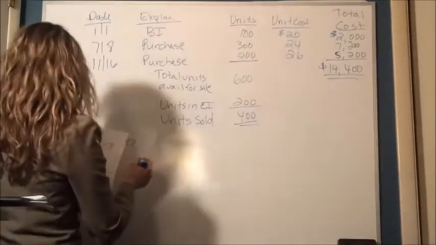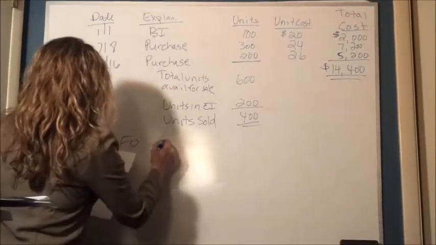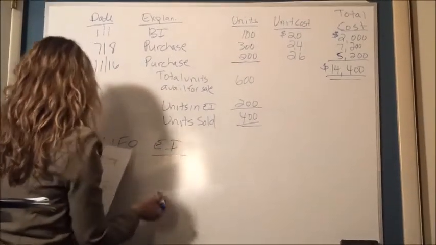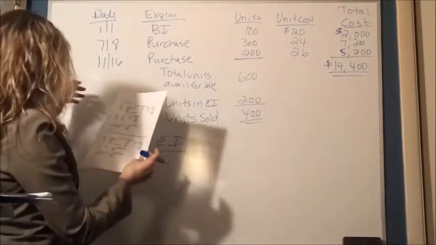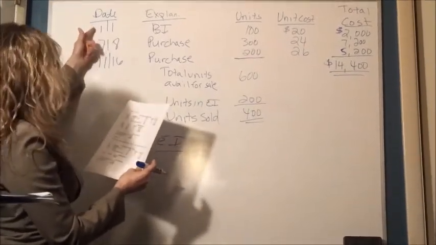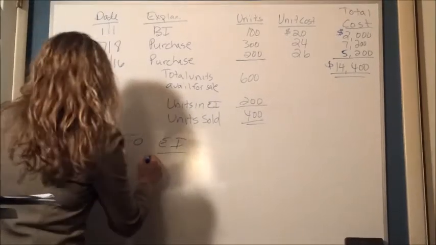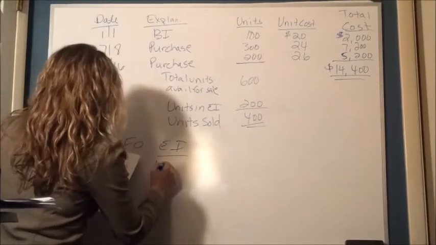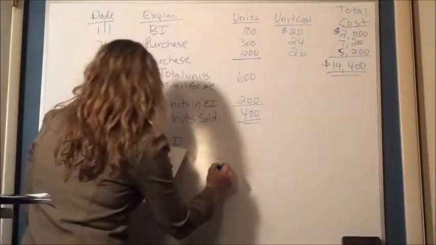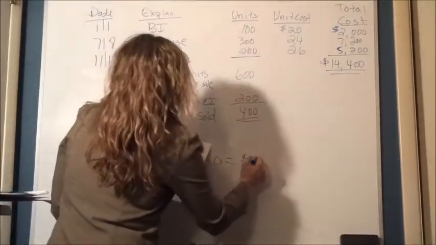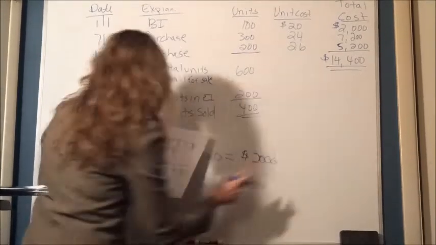So, if I want to determine my ending inventory, what I can do is take my units that are left over. All of my January 1st units are left over, so I can take the 100 units left over from January 1st, multiply that by $20 per unit, and I will get $2,000.